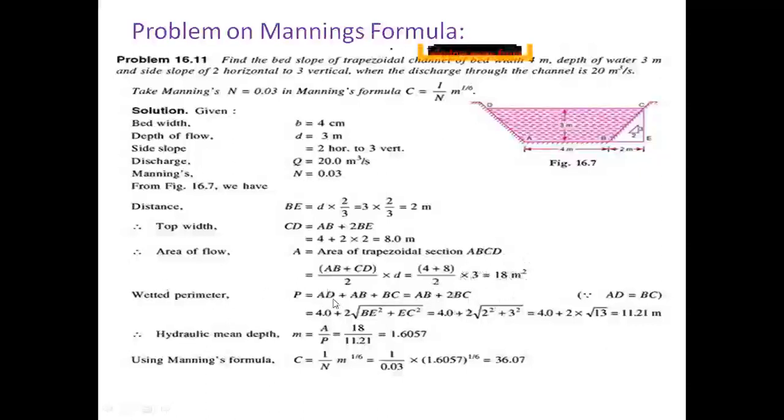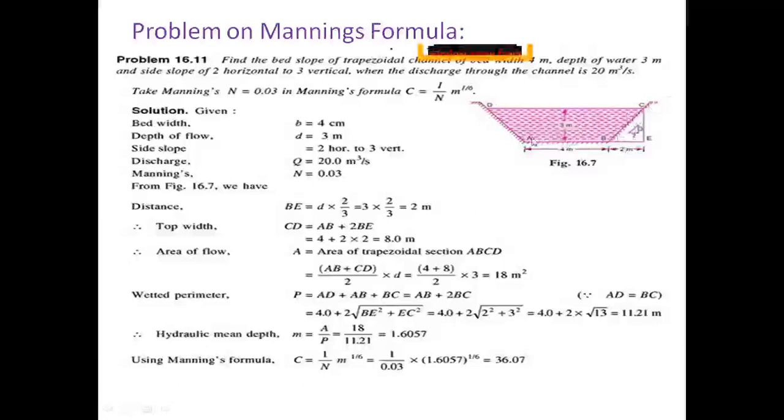Now find the wetted perimeter of the channel. Here AD equals BC, both are the same value. So the wetted perimeter is AD plus AB plus BC, and since AD and BC are the same, we write AB plus 2 BC. But we need the value of BC.